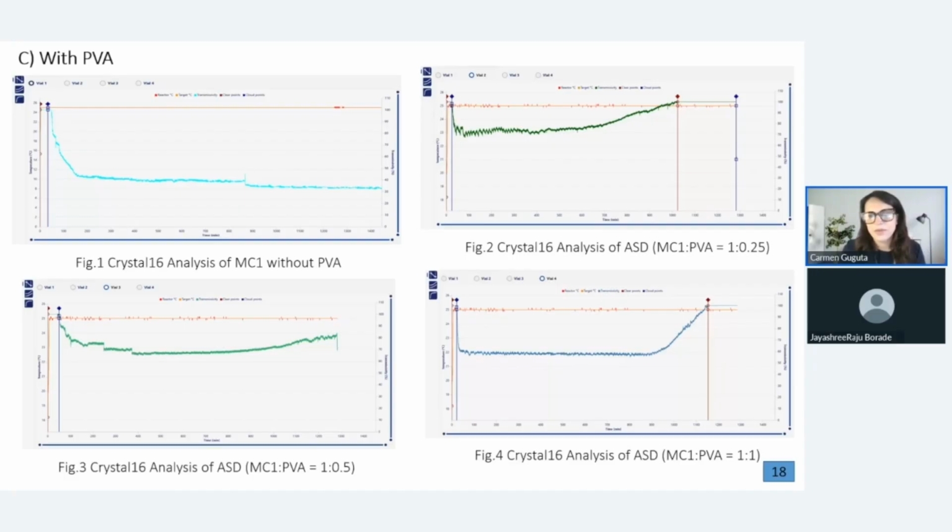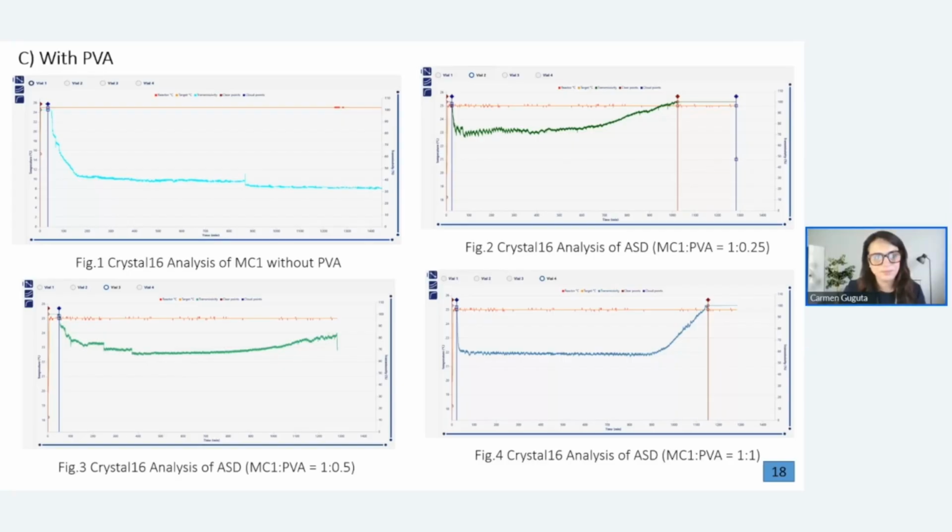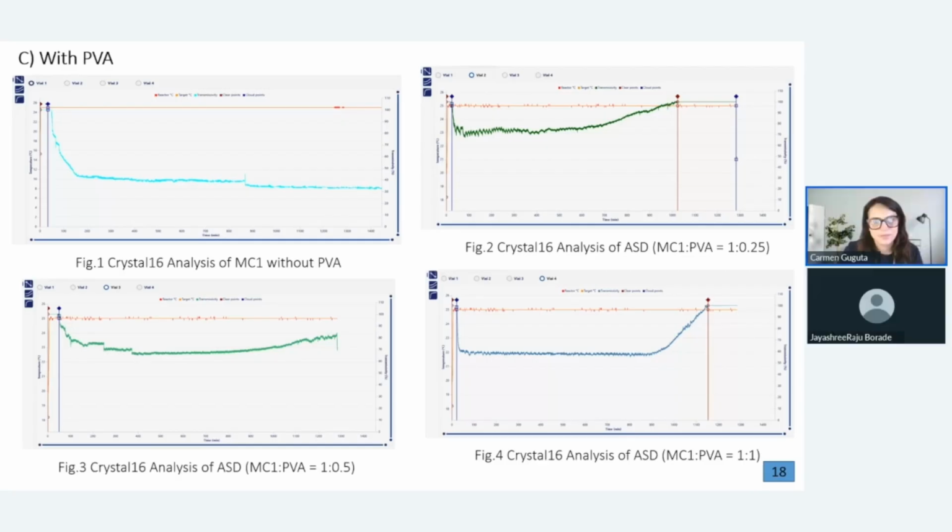So just to answer, yes, definitely we can also look at high drug loading. The purpose here was to see what the minimum polymer required is, because in most cases, if the polymer concentration is below this threshold, then the ASD is not stable at all.